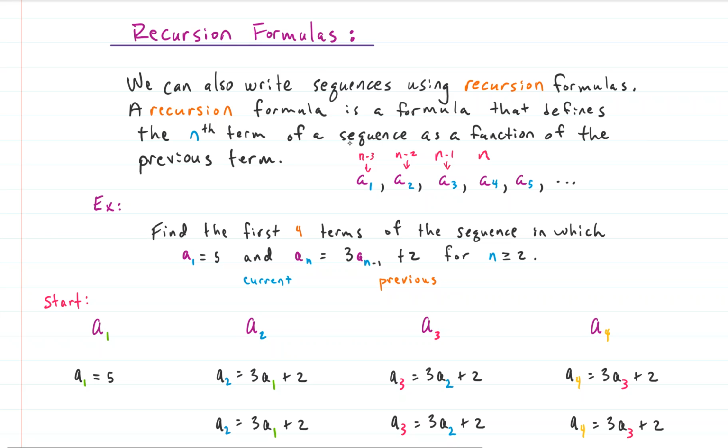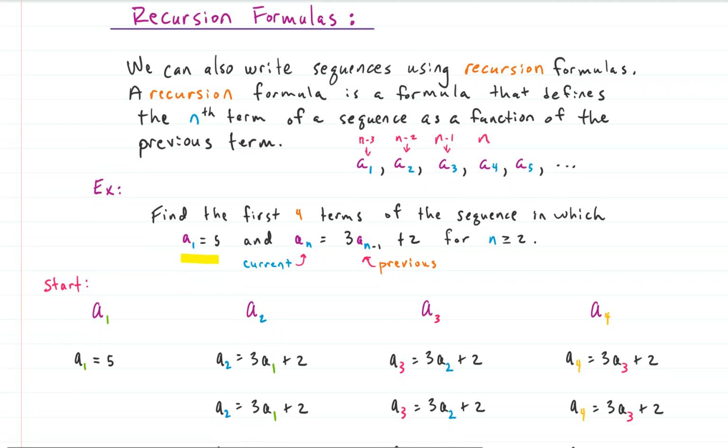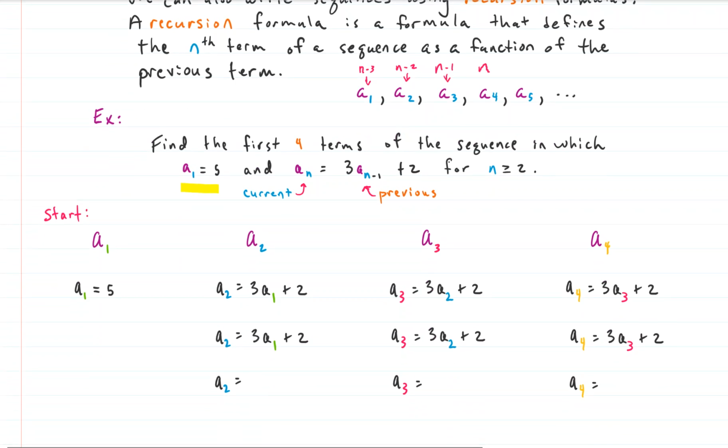So here we give you the first term, a sub 1, and the general formula, a sub n. That's all you need for a recursion formula. And again, a sub n is the current term, and a sub n minus 1 is the previous term for whatever n is. So let's write out the first 4 terms.